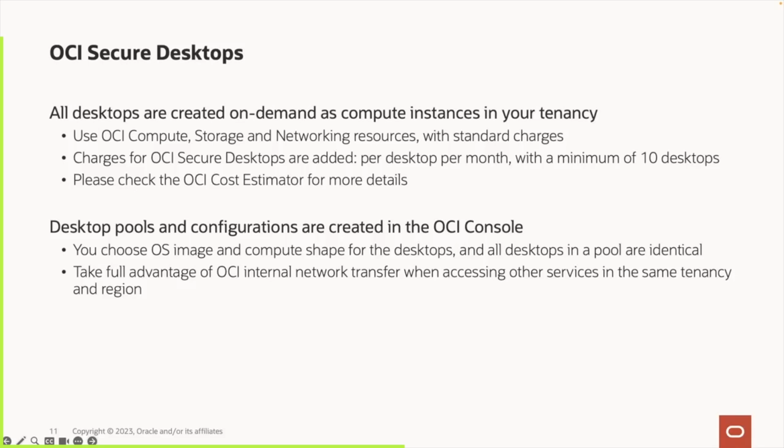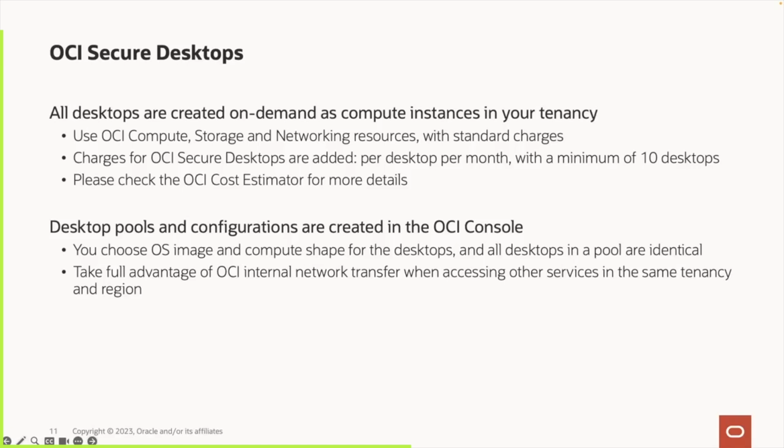Now, the pools and configurations are created in the OCI console, and you have to choose the OS image and the compute shape for the desktops. In the pool, all the desktops will have the same shape and the same OS image. So in that sense, all the desktops in the pool are identical, at least when you create them.